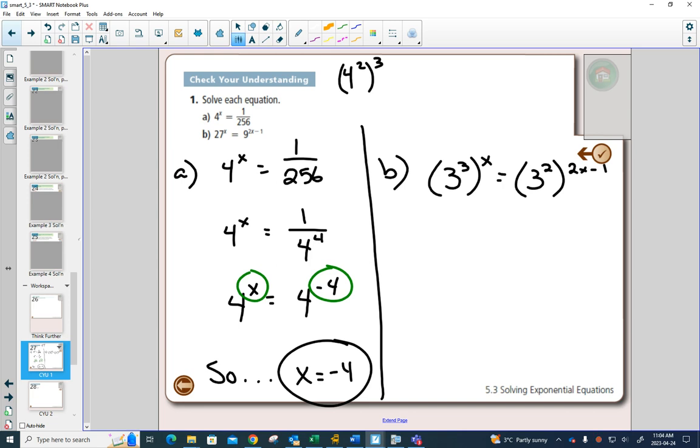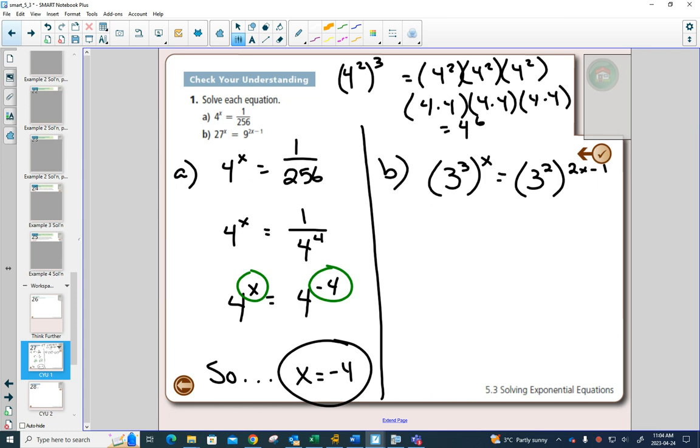Squaring means repeated multiplication. Does it make sense that 4 squared cubed would be 4 squared once, 4 squared twice, 4 squared 3 times, multiplied by each other? And 4 squared means 4 times 4, and 4 times 4, and 4 times 4. And if we look at that, we have 6 4s all multiplied together. The answer is going to be 4 to the 6th.